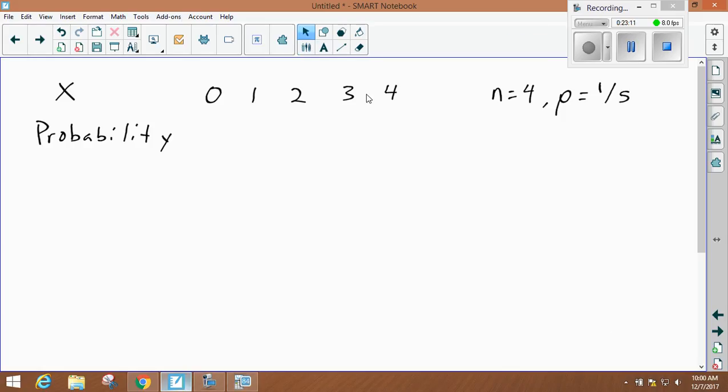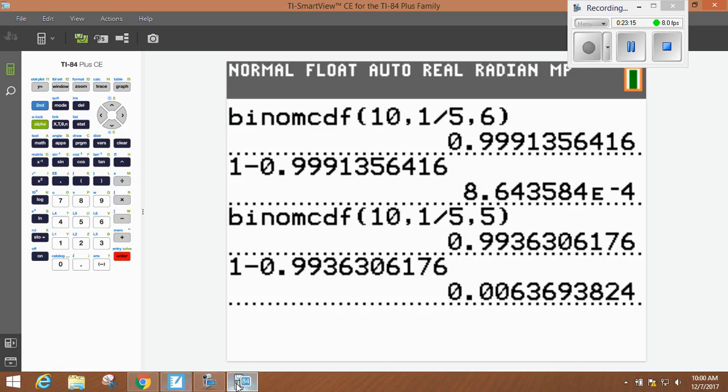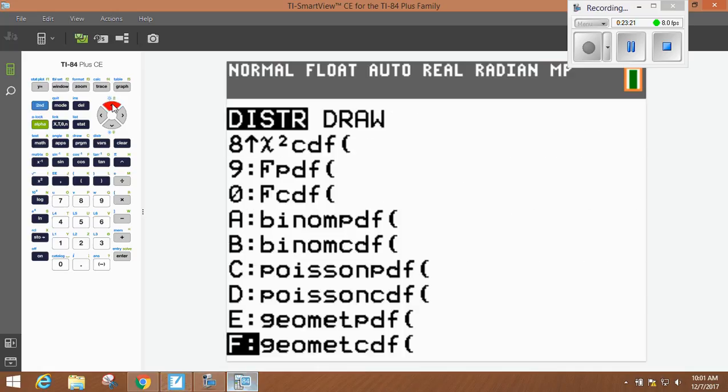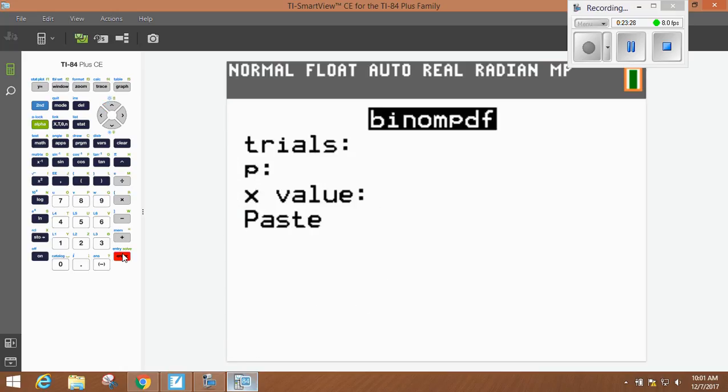I have to calculate the probability of 0. But I can go shorthand on this, go to my distribution, and do PDF instead of doing all of those calculations.